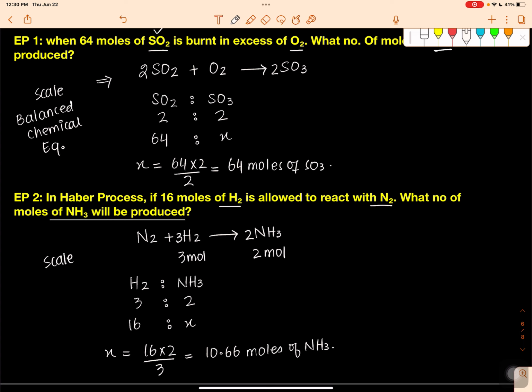So you can also make sure that this balanced chemical equation becomes a recipe, showing how much of each substance, as reactants, is needed to react together to produce a product of our choice, or to produce a product of the amount that we need. So we can work in either way.